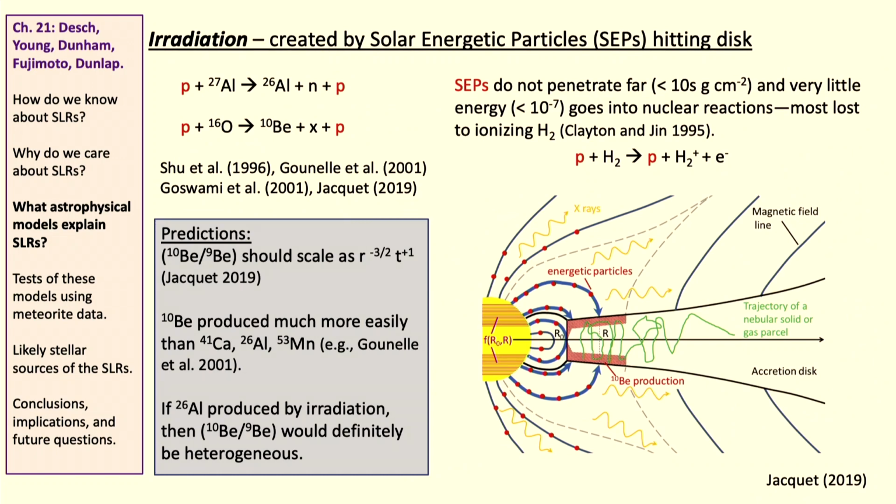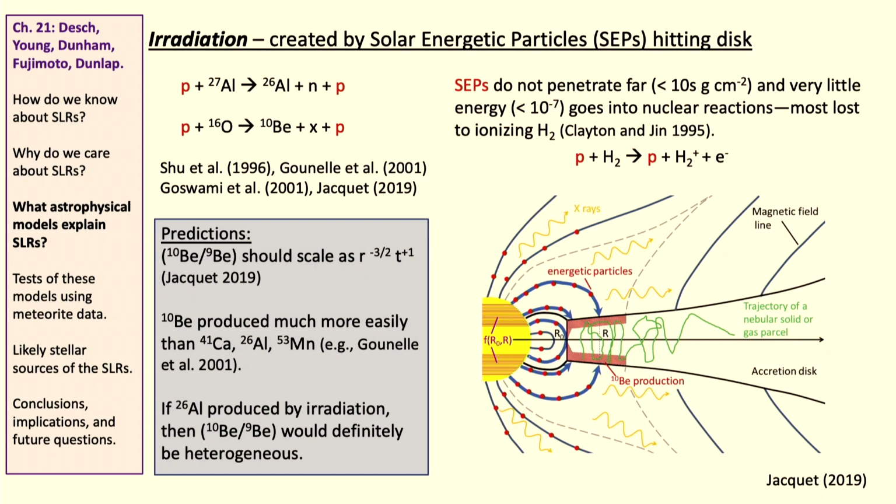If you have solar energetic particles, protons and alpha nuclei accelerated in solar flares, they can transmute these nuclides as well. And there are some aspects of that that make this a challenging model to make work. One is that you don't get to use very many particles. Most of the energy goes into ionizing gas. Something like 1 part in 10 to the 7 of all the particles can actually undergo nuclear reactions and produce aluminum-26 and beryllium-10.